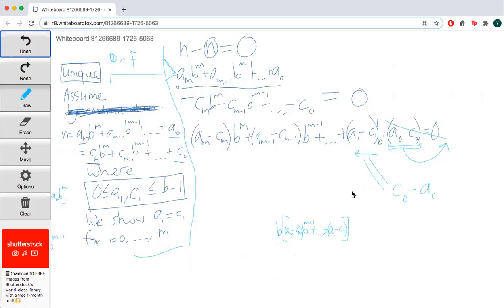So b outside of this mess is equal to c0 minus a0, right? So that means that this entire left-hand side is a multiple of b.